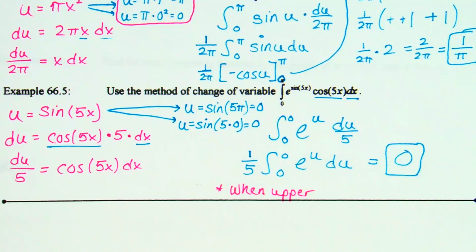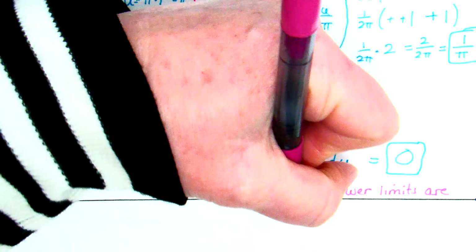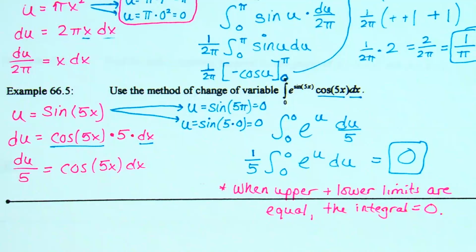When upper and lower limits are equal, the integral equals 0. It's one of those rules we haven't used a whole lot, so we haven't had to think about it.